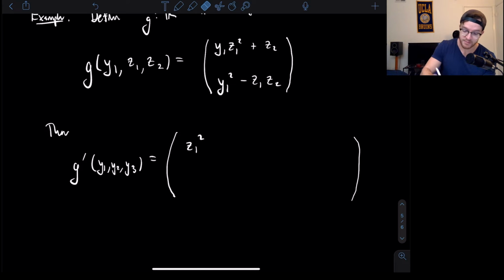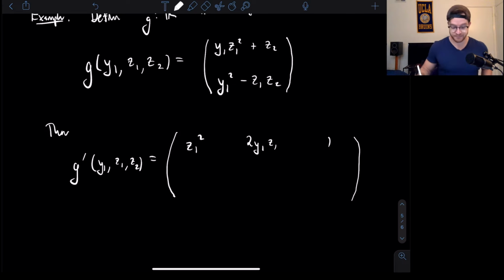Oh, what am I doing? y1 and then z1, z2, those are my variables. Sorry about that. So the y1 partial is z1 squared, the z1 partial is 2y1 z1, and the z2 partial is 1.